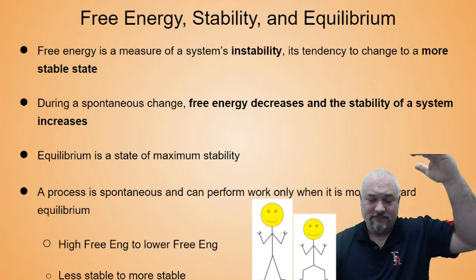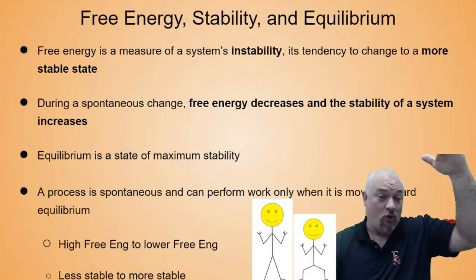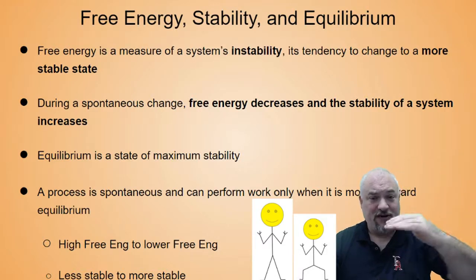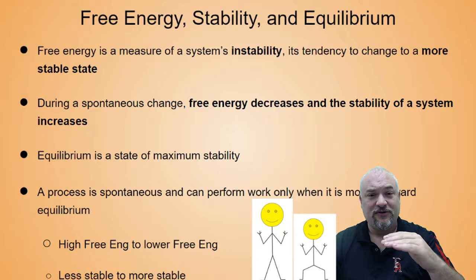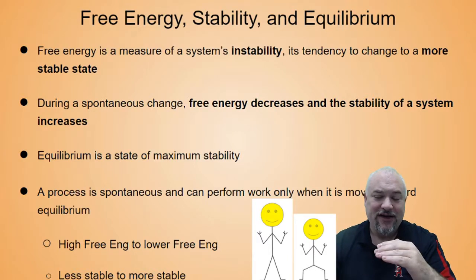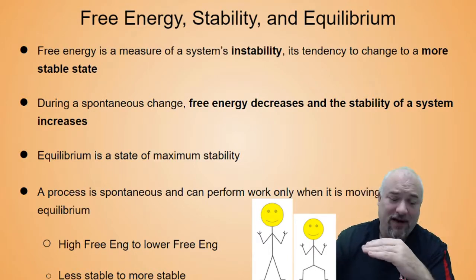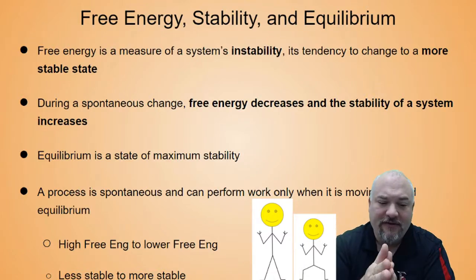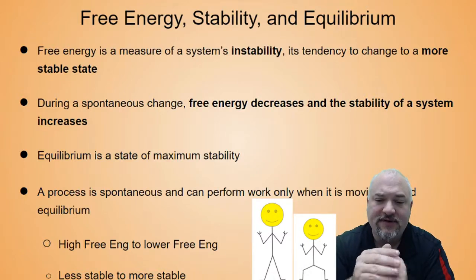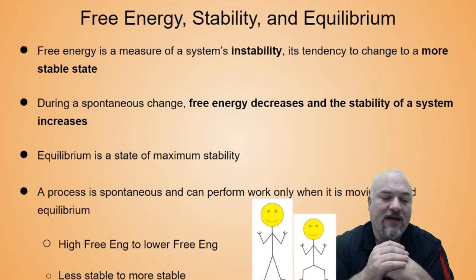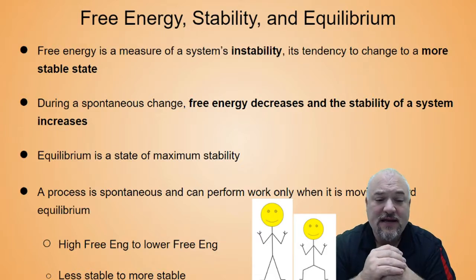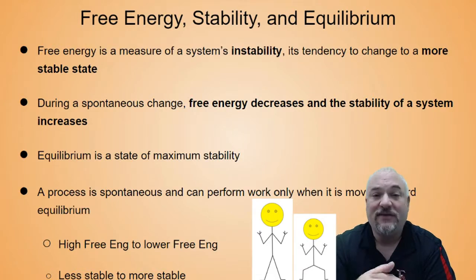That's a way to think about free energy. Higher energy, less stable, more organized. If you can drop that energy, lose some of that energy, and drop to a simpler, lower energy state, you're more stable, less likely to get broken apart. So during a spontaneous change, free energy decreases and the stability of a system increases. And equilibrium, like we talked about in diffusion and osmosis, is a state of maximum stability.